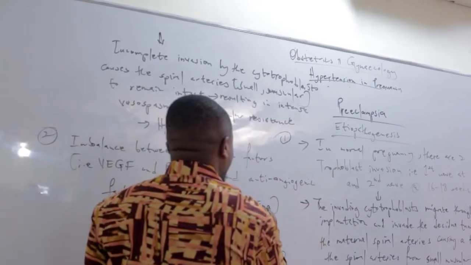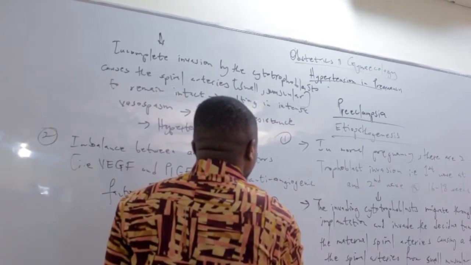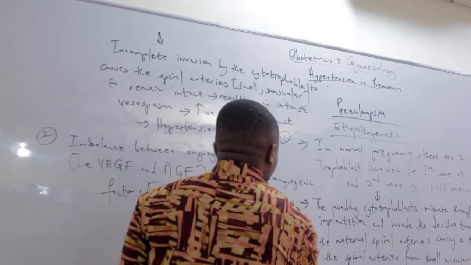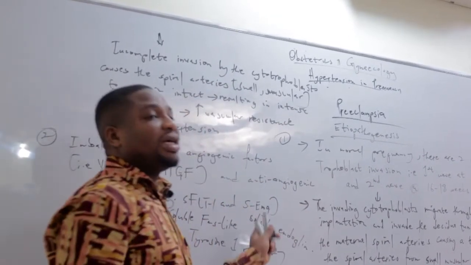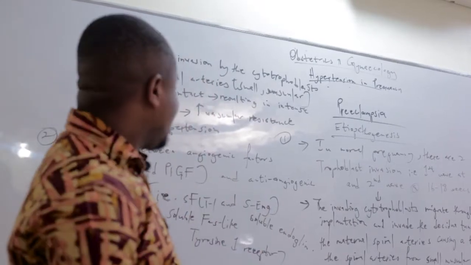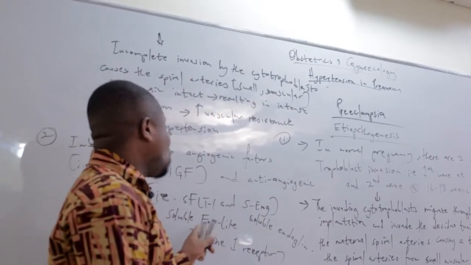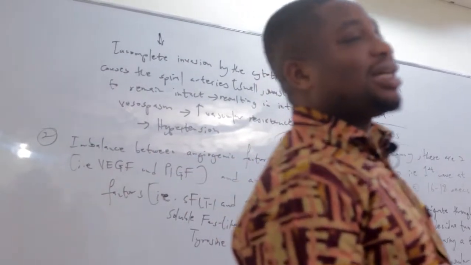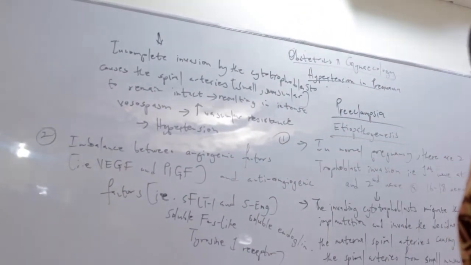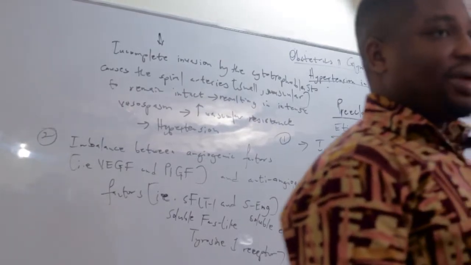And this one we call soluble endoglin. Soluble endoglin and soluble FMS-like tyrosine kinase 1 receptor, the two of them are anti-angiogenic. Are we getting that?